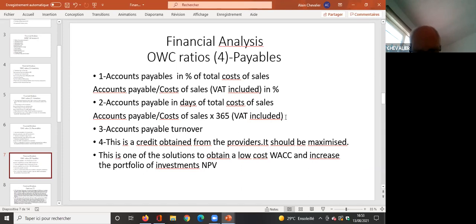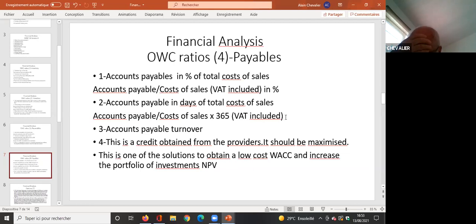Another point which is of interest here is that it is one of the solutions to obtain low-cost financing and increase the portfolio of investments.